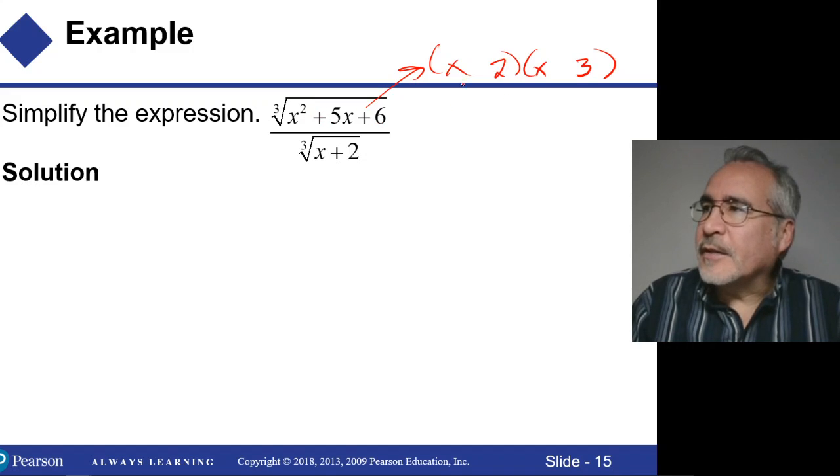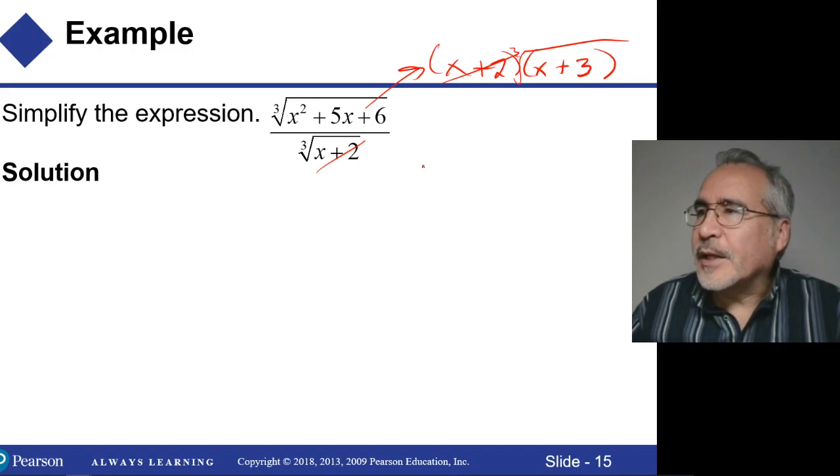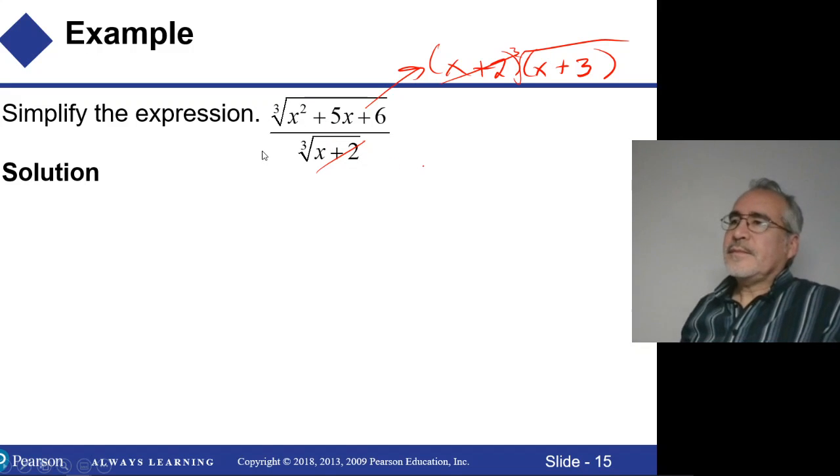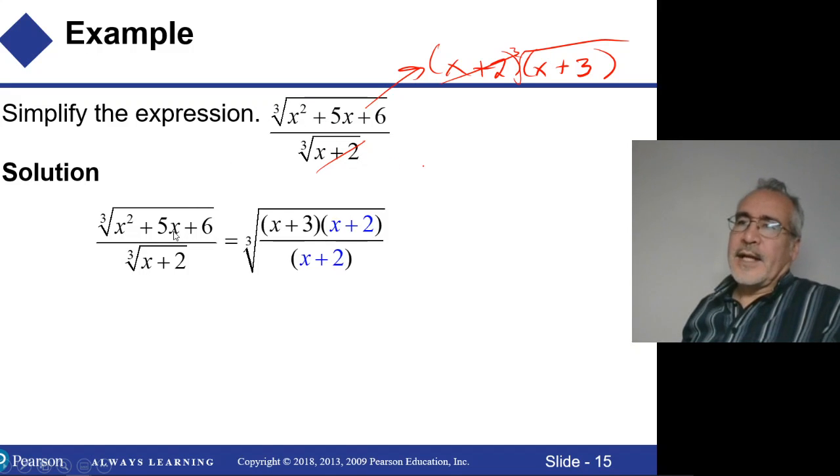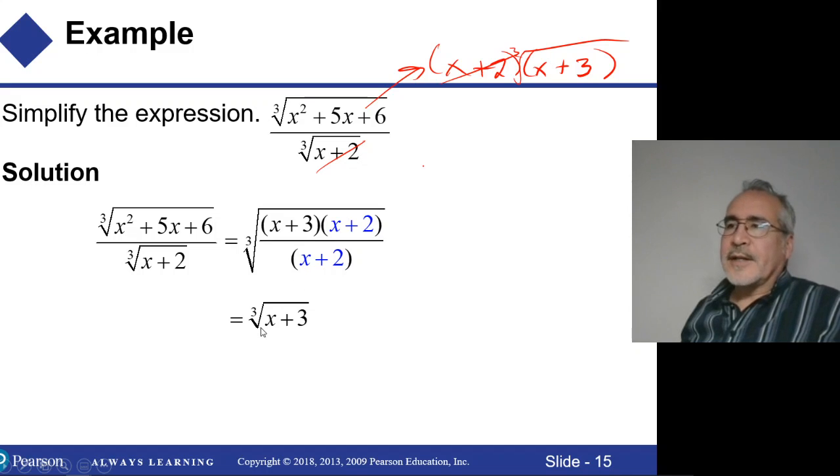They're both positive because that's what we have here. So again, you could multiply it out, and you get back to where we started. Notice here's an x squared, x plus 2. So those guys are going to cancel, and we're just going to have the cube root of x plus 3. So they factor it, these guys cancel out, there we are.